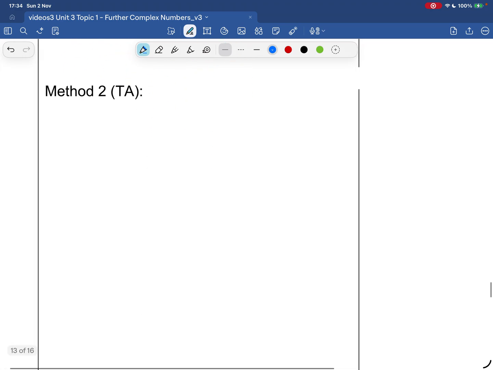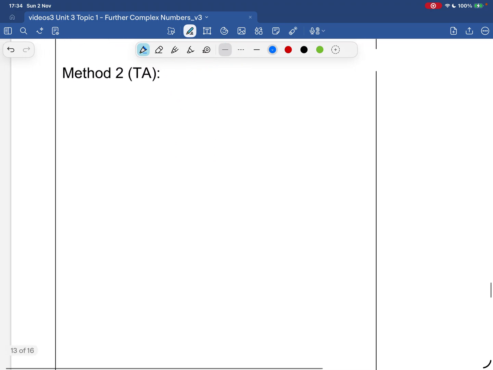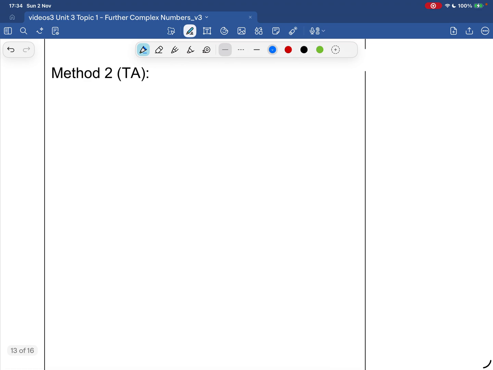Okay, it is a little bit quicker to do it with your calculator, because we can use our calculators to expand our complex numbers, and that then means that we can just equate it as real and imaginary, and we can do it a little bit faster. Let me show you.